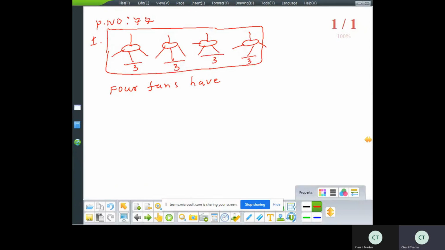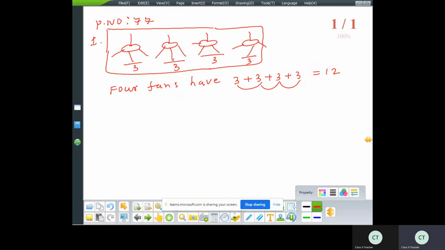Here also 3 wings. 3 plus 3 plus 3 plus 3. 3 plus 3, 6. 6 plus 3, 9. 9 plus 3, 12.